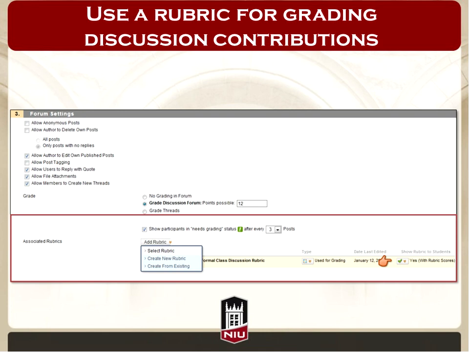So there's no guesswork about what they should be writing and how they're going to be graded. So it's a really nice tool for both you and your students. Takes the subjectivity out of the grading, or at least helps to take it out. And it gives the students an idea of exactly what it is you're looking for in the discussion board posting.